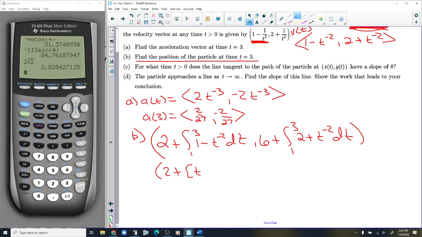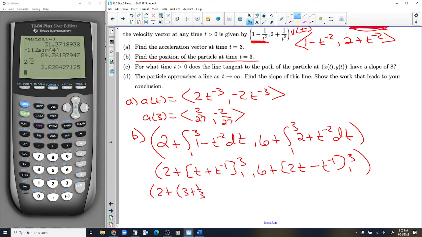Let's go. t, what would that be? Plus t to the negative 1, from 1 to 3? Yeah, because you'd multiply by negative, reduce the power by 1. 6 plus 2t minus t to the negative 1 from 1 to 3. 2 plus 3 plus 1/3 minus 1 plus 1.